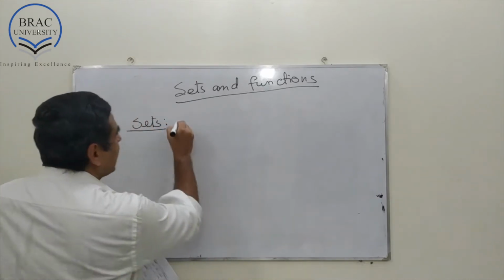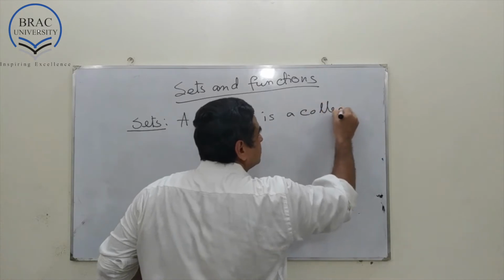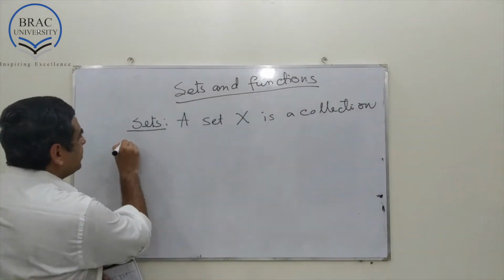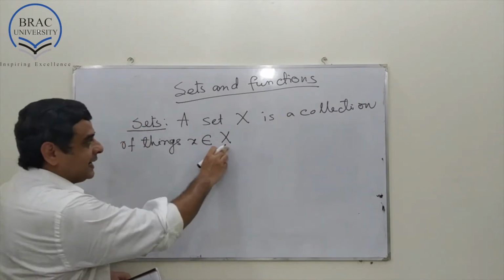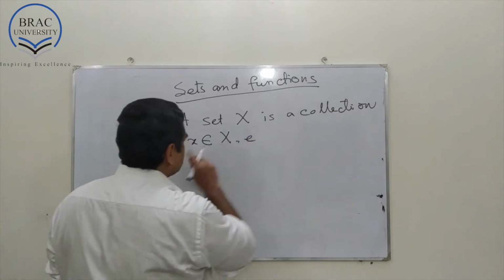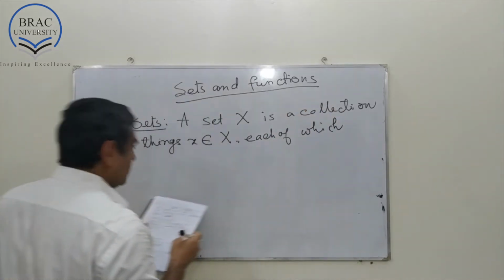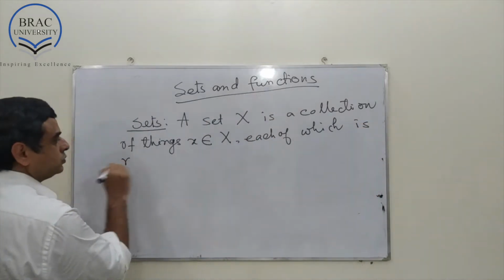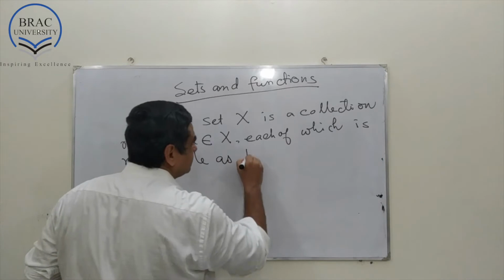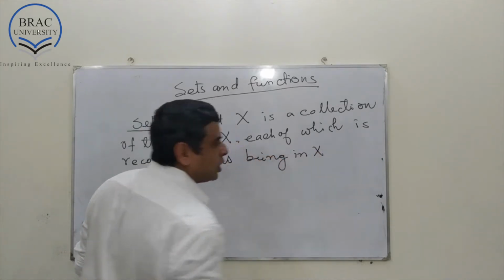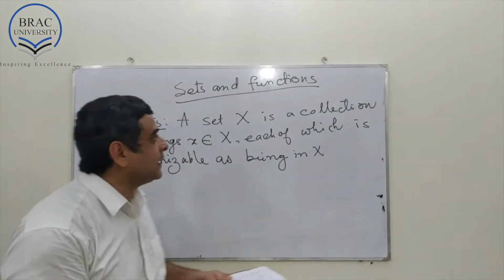A set X is a collection of things x in X. We read it as small x in the big X, each of which is recognizable as being in X. It means that if you are given a thing, you will be able to identify if it is in the given set X or not.